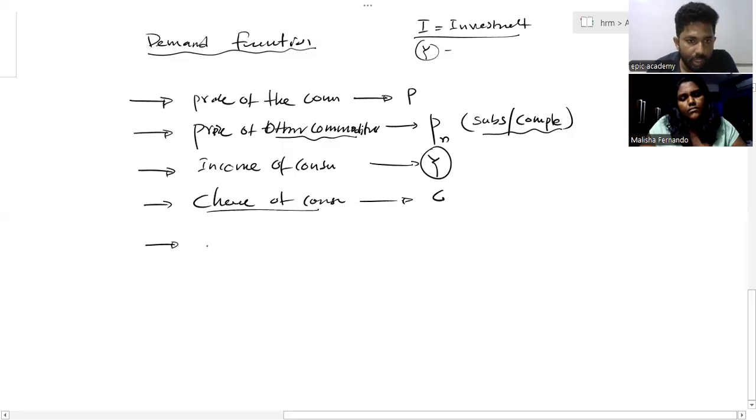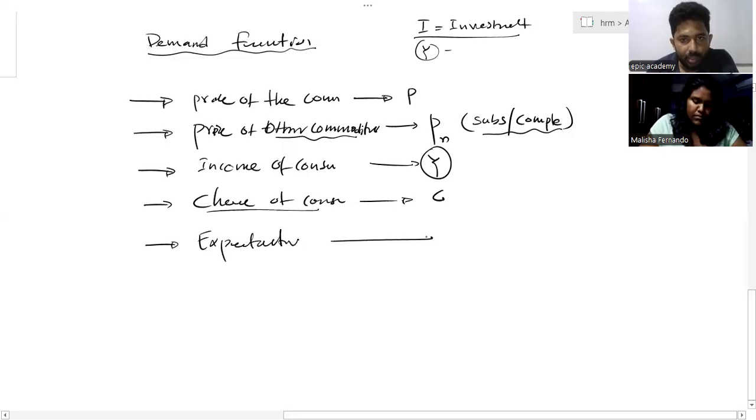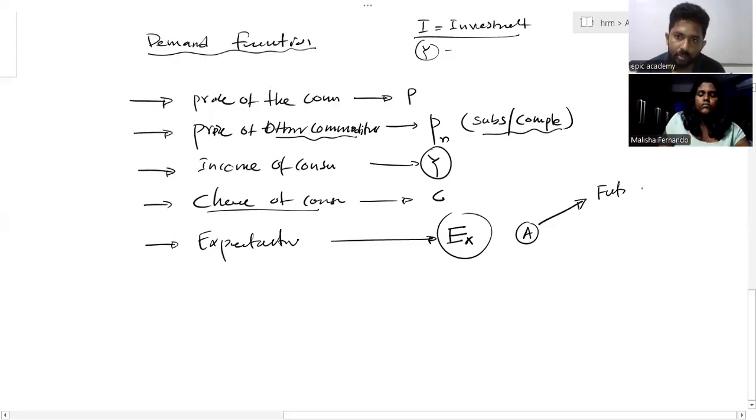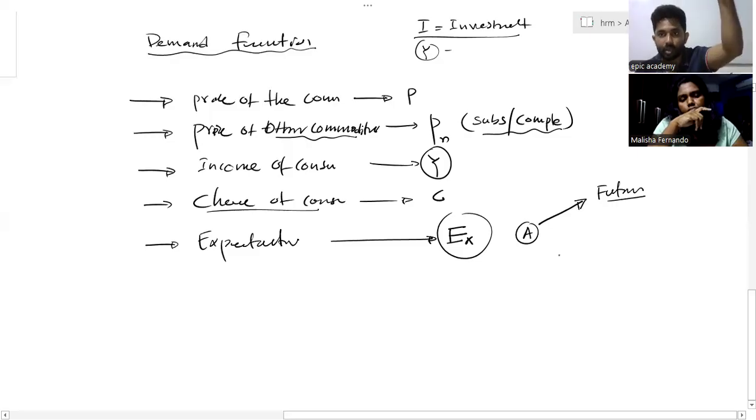And the next one is expectation. Expectations related to the price. We call it EX, X is lowercase. Okay, EX means, if you are going to purchase a commodity, what will happen to the price of the commodity in the future? You think that the price of the commodity can increase in the near future. It increases.